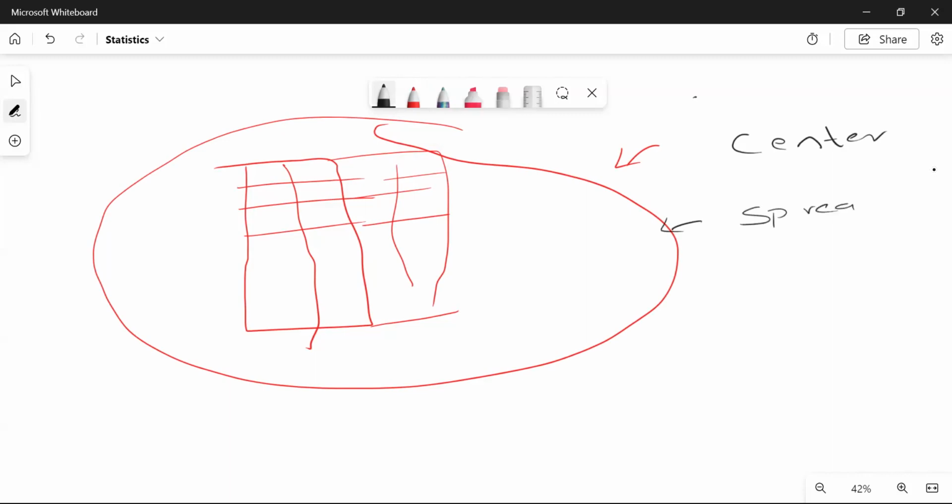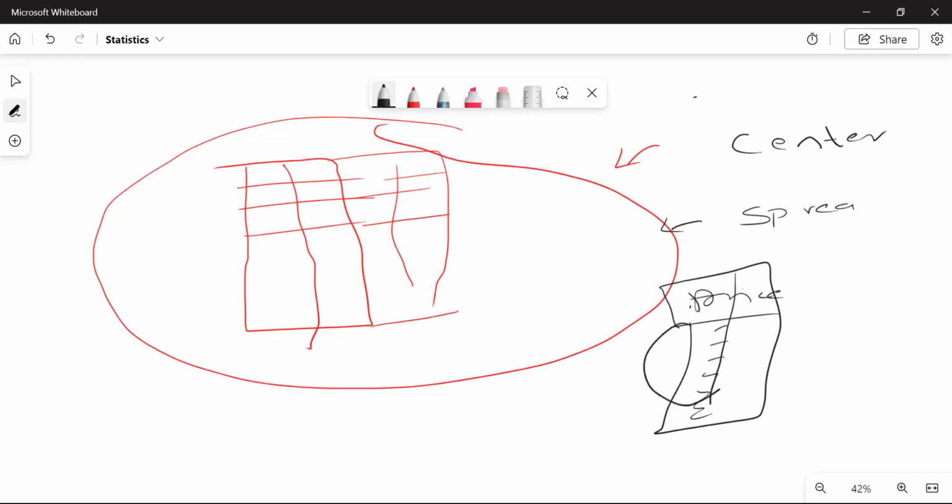Let me take one particular example. This is my data set, and for example, the price variable. If you plot a scatter plot, the data could be distributed something like this, right?